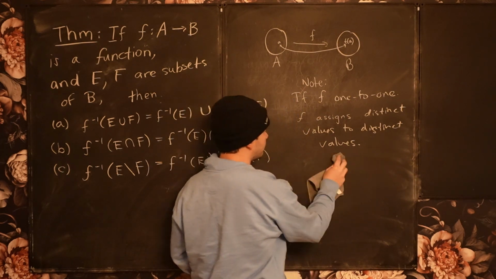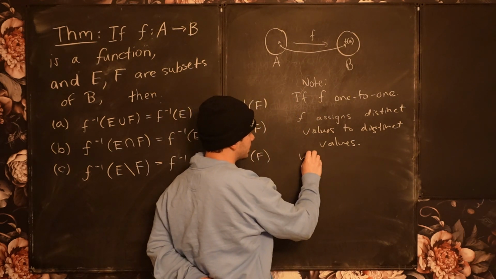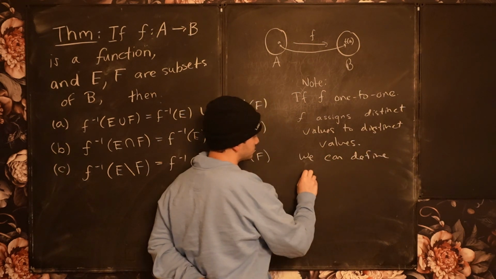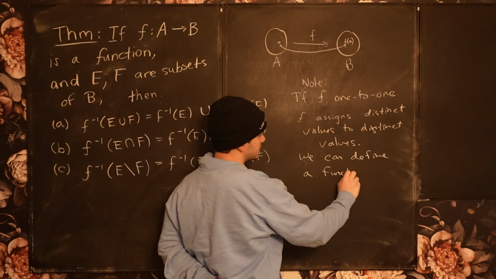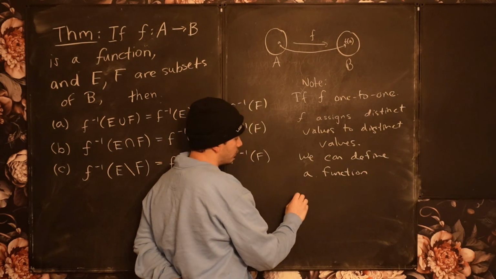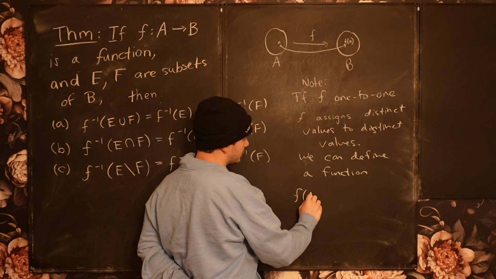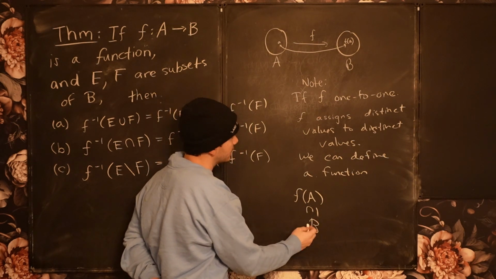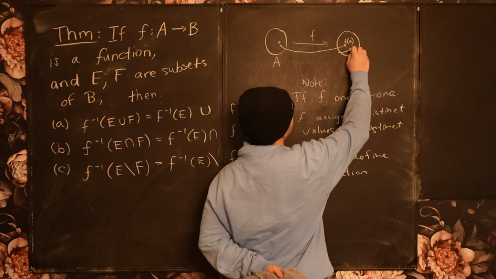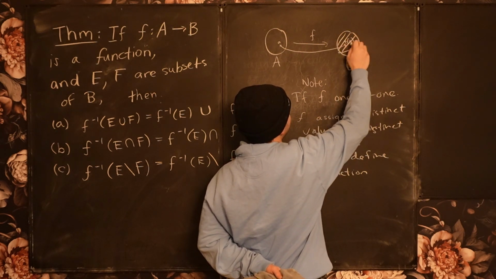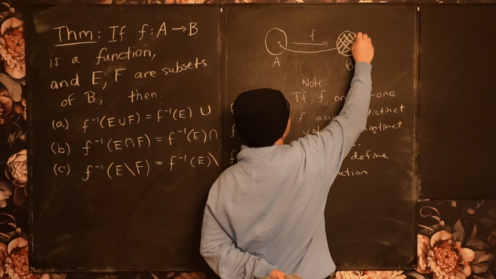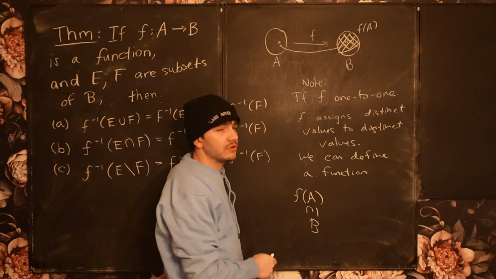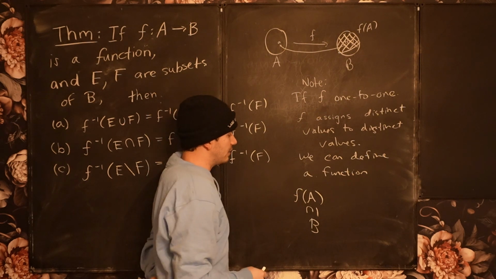So we can define a function in the traditional sense of a function, which goes from f of the set A, the image of A, which is a subset of B. Pretend that f maps all of A to some subset, f of A, of B, consisting of all the points in the range of f.